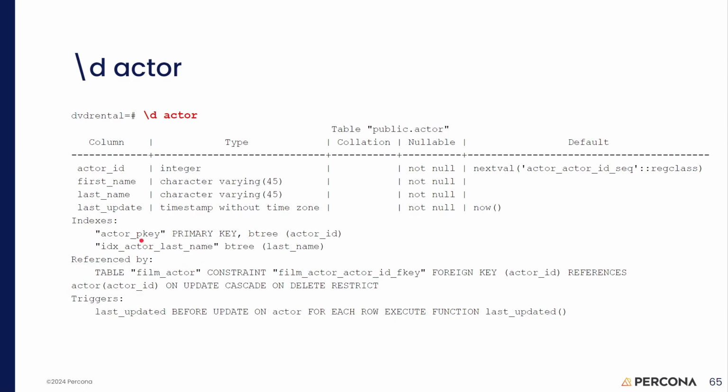We can find our indexes, our primary key, and the index structure. In this case, it's a B-tree. We can see foreign table constraints and relations. Also, we're seeing triggers here. So we're running last_update before update on actor, for each row, execute the function last_updated.